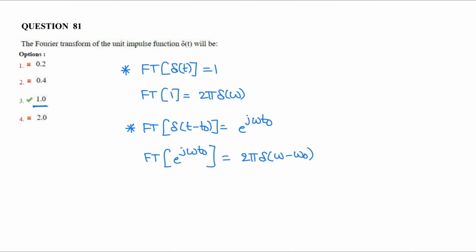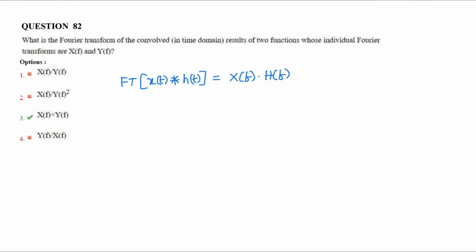Next question. What is the Fourier transform of the convolved time domain result of two functions whose individual Fourier transforms are X of f and Y of f? So the Fourier transform of x of t convolution y of t, or h of t, is X of f multiplied with Y of f.